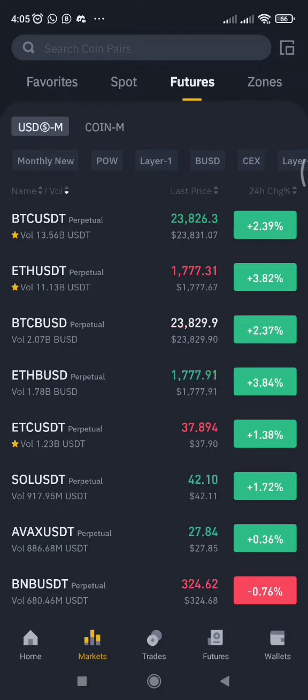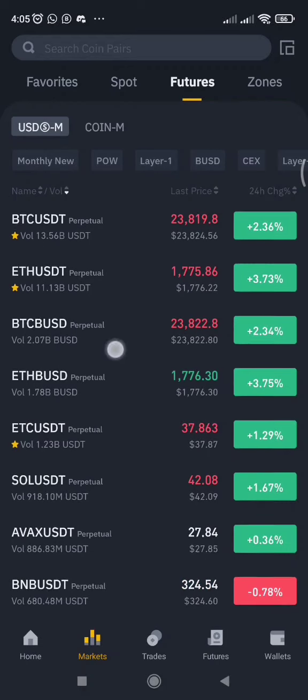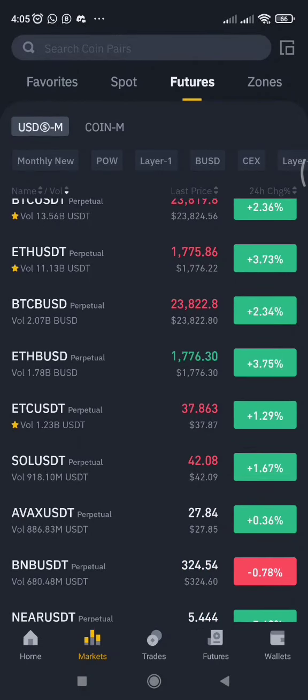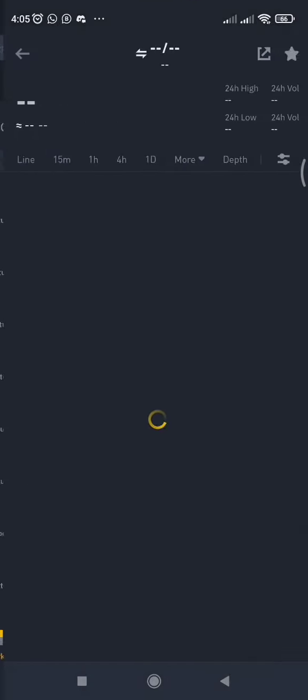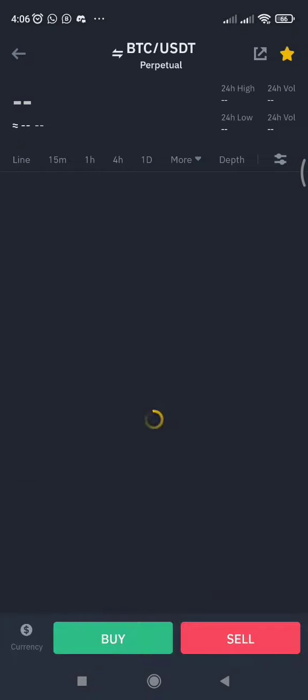So you click on it. You have to verify, check well if it's actually BTC USDT, because you have BTC USD. You can see this one. So you click on it and it will take you to the futures interface.